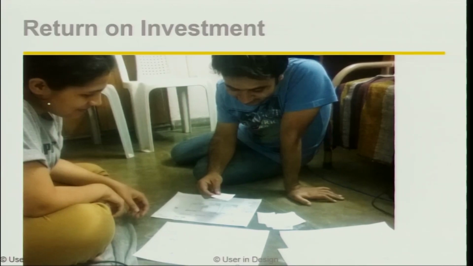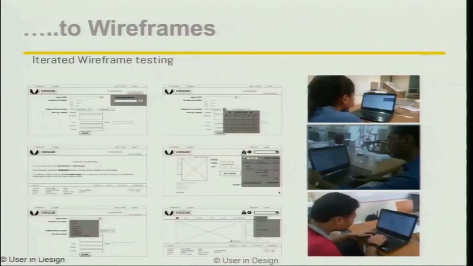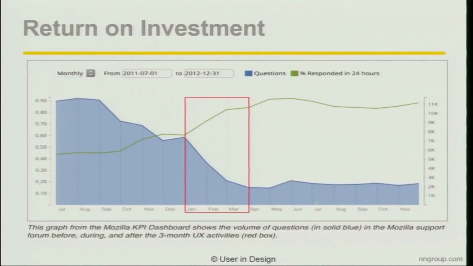This is the moderator and this is the user, and there's testing in process, and then they moved on to higher fidelity. Once they were more comfortable with it, you can see the higher fidelity prototyping and usability testing going on over here, and these are the screens that the users were seeing.